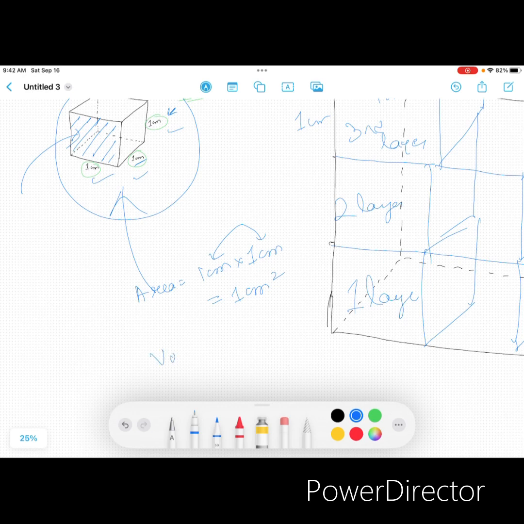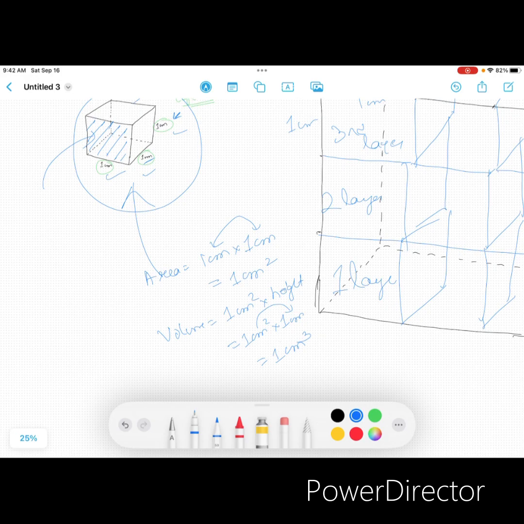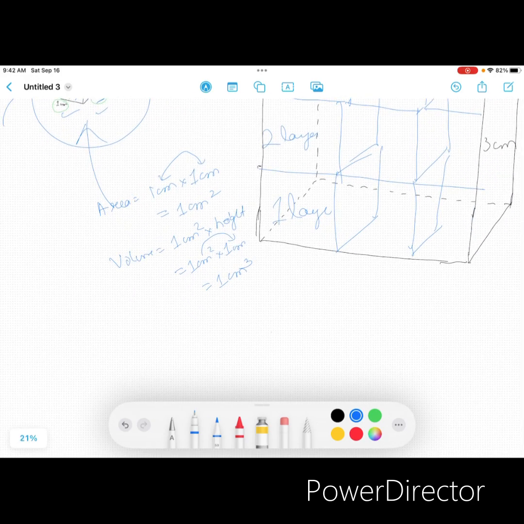So volume is 1 centimeter square multiplied by a height, which in this case is 1 centimeter, which becomes 1 centimeter cube. Centimeter square multiplied by cm becomes centimeter cube. So this is more for a concept. You don't have to find that a centimeter square multiplied by centimeter is centimeter cube. But volume is always represented in unit cube.